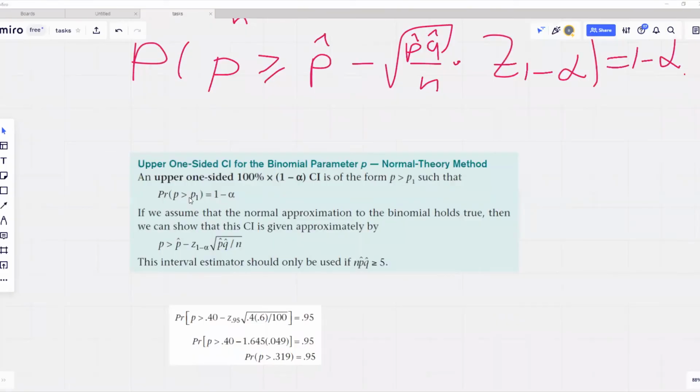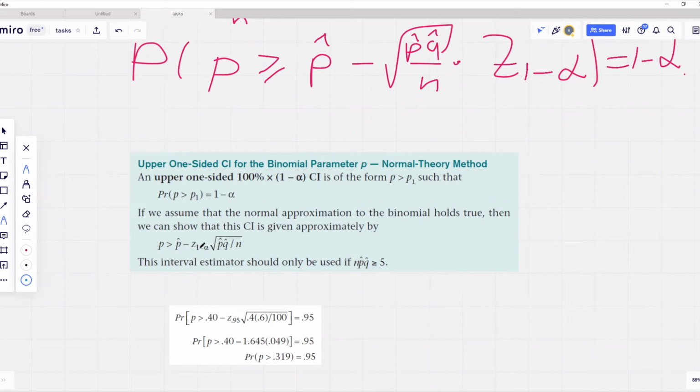All right, so upper one-sided confidence interval for binomial proportions is then defined as P greater than point estimate minus critical value multiplied by standard error. And in fact, you can use a similar technique to build one-sided confidence intervals for all other cases.